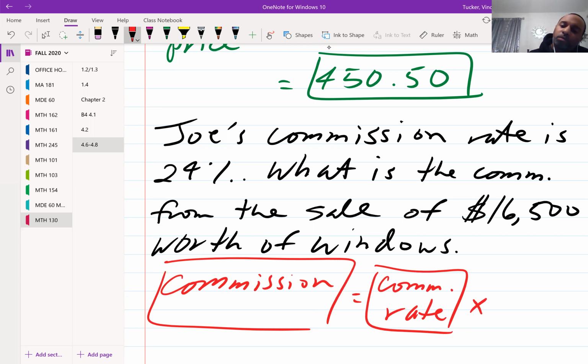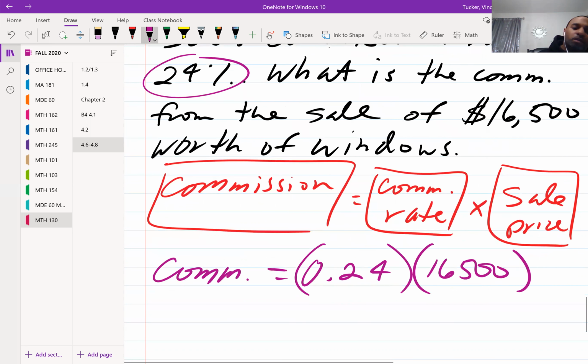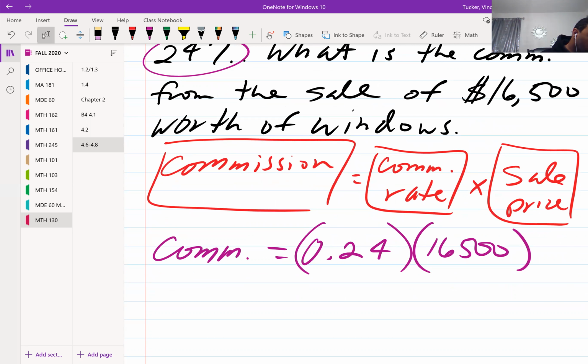Commission rate, 24%, so it's going to be 0.24, times our sale price of 16,500. And that's 3,960.